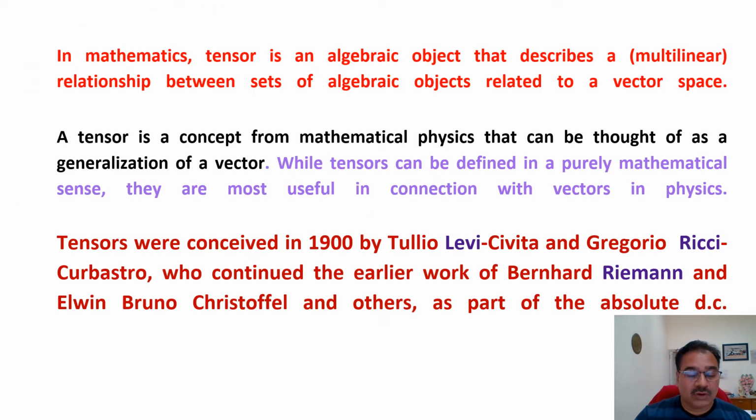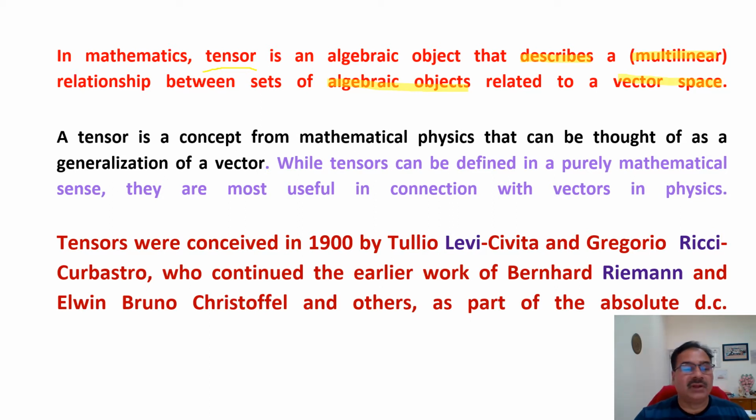So now, in mathematics, a tensor is an algebraic object that describes a multilinear relationship between sets of algebraic objects related to a vector space.